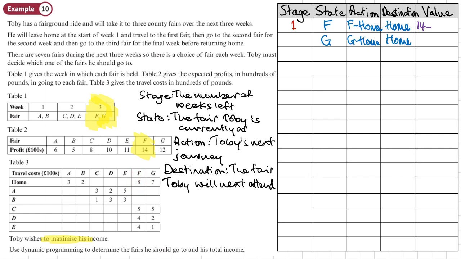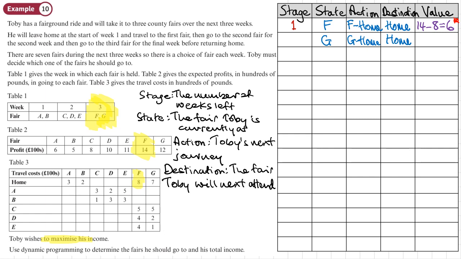Right, so we're going to have to subtract 8 from the 14. So 14 minus 8 is going to be 6. Now we are trying to maximize his income. Since there's only one value for this, that's going to be his maximum income.